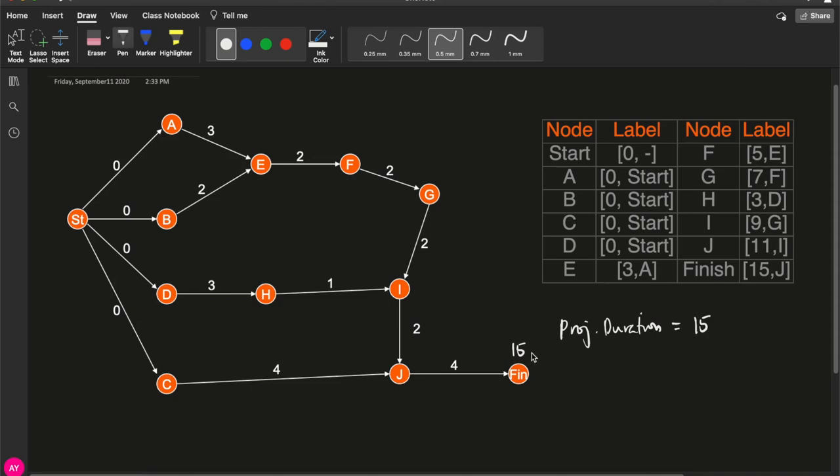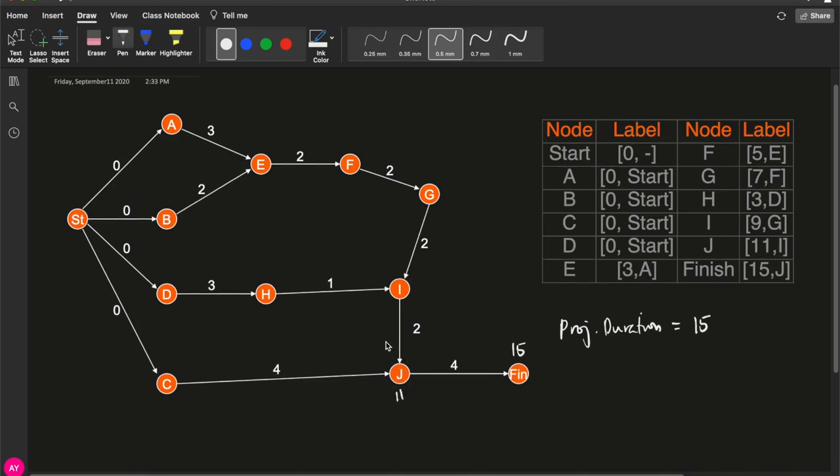And what is the earliest time you can say you are finished? At 15 weeks. And that is why the project duration is 15. Now, let's try to understand the duration of the longest path for J, which is 11.